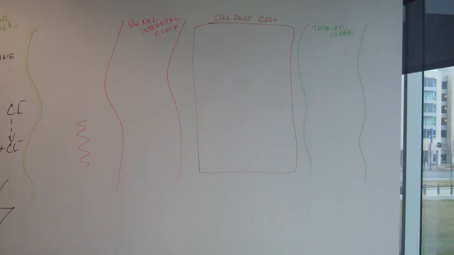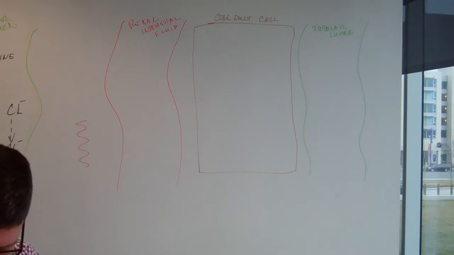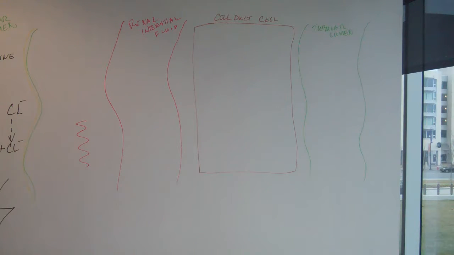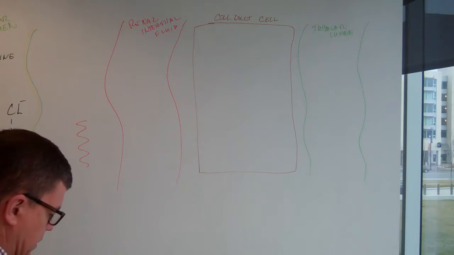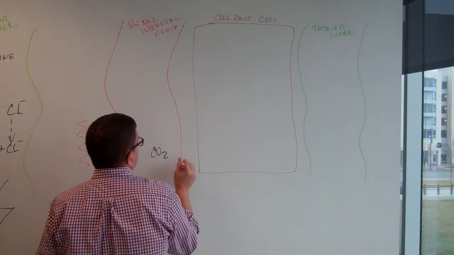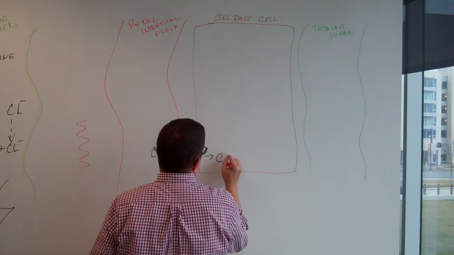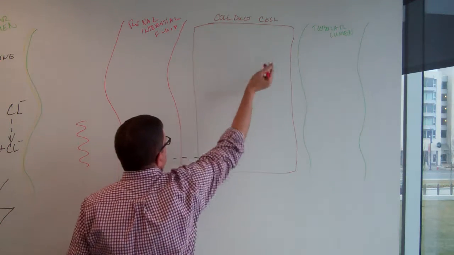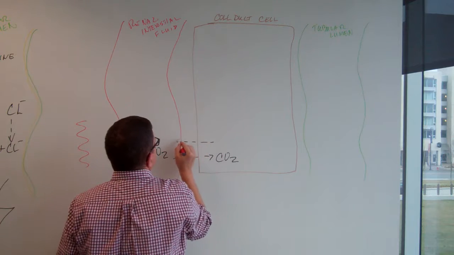So already present in the renal interstitial fluid is some CO2. So dissolved CO2 heads across. CO2 is now present within the collecting duct cell. Remember, it's on a gradient, so it can go the other way.